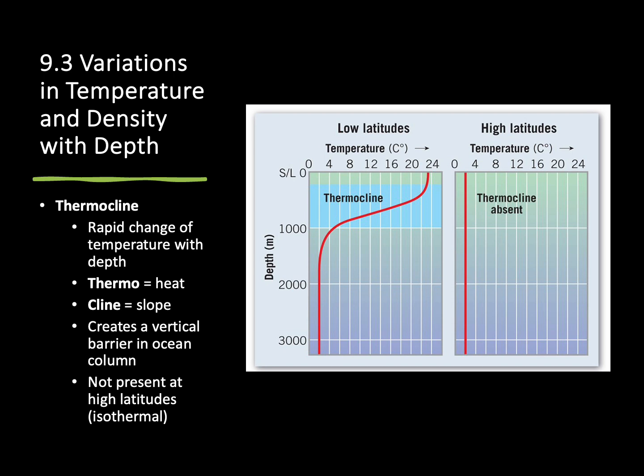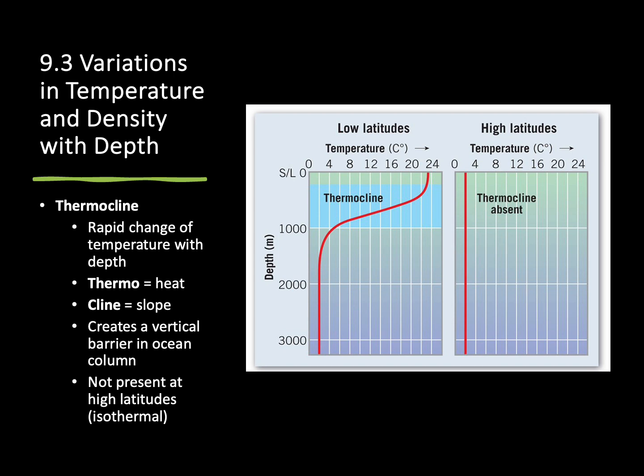In the uppermost area where the thermocline is, the temperature changes very rapidly. Beneath it, the temperature stays basically the same at a really cool temperature of about 2 degrees Celsius. It never gets down to exactly freezing.